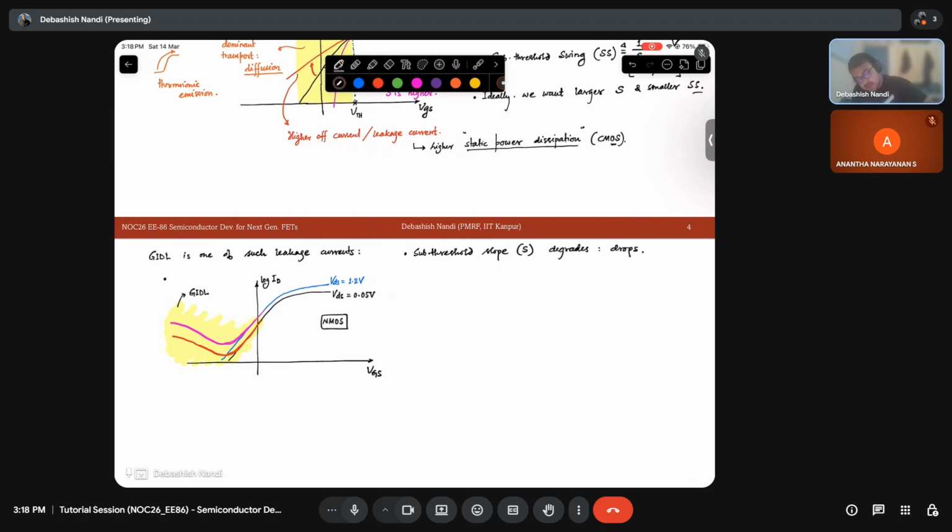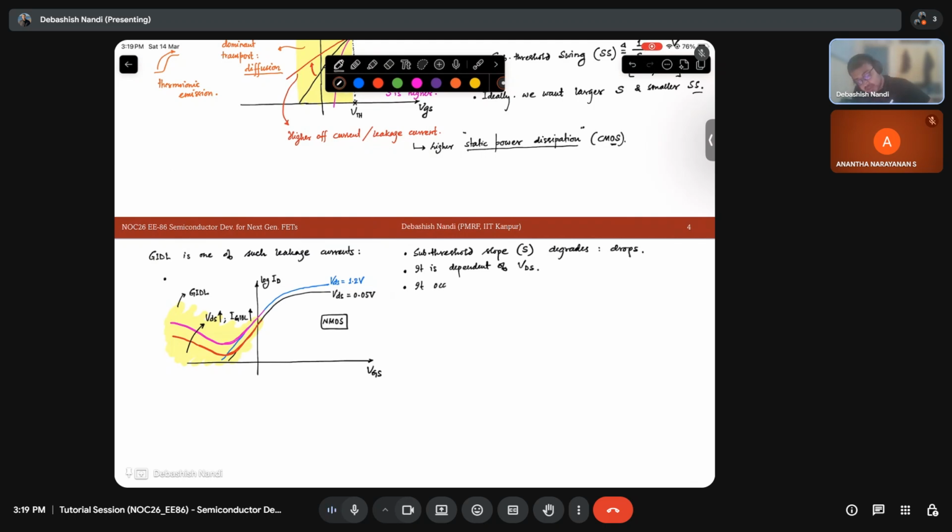Another observation is that it is dependent on VDS. As VDS increases, IGIDL increases, right? And what are the other observations?